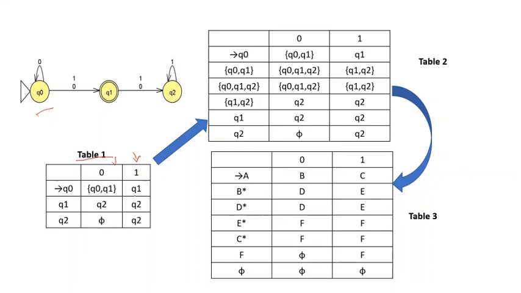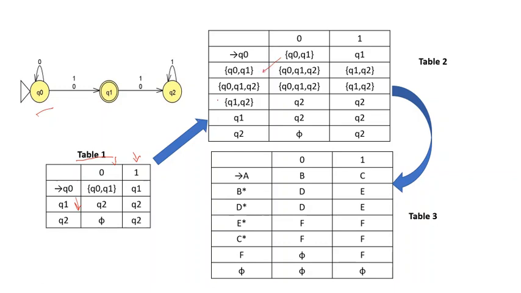The next thing, in table 2, we have to expand this table from Q0. Since a new set of states is generated in table 1, Q0 Q1, we have to also include it on the left side here. In table 2 we can see a transition from Q0 to Q0 Q1 for input symbol 0, then Q1 for input symbol 1. So there must be an entry for this state also.